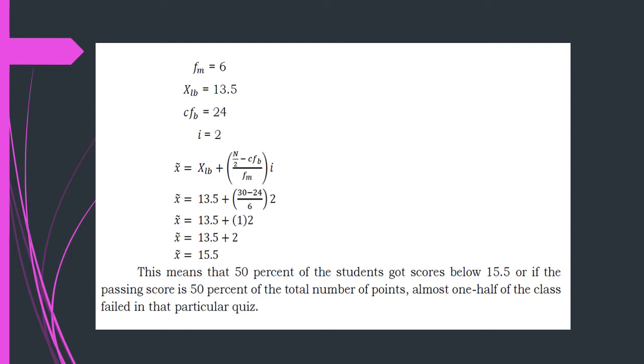Simplify the given, and then we come up with a median of 15.5. This means that 50% of the students got scores below 15.5, or if the passing score is 50% of the total number of points, almost one half of the class failed in that particular quiz.